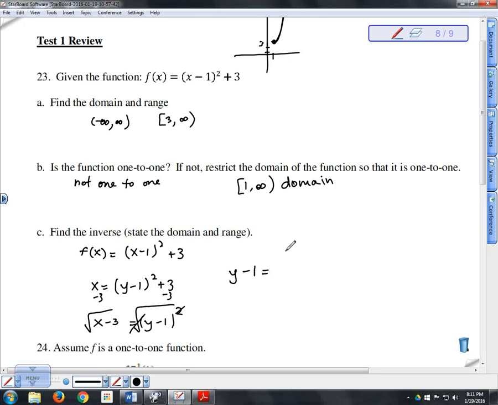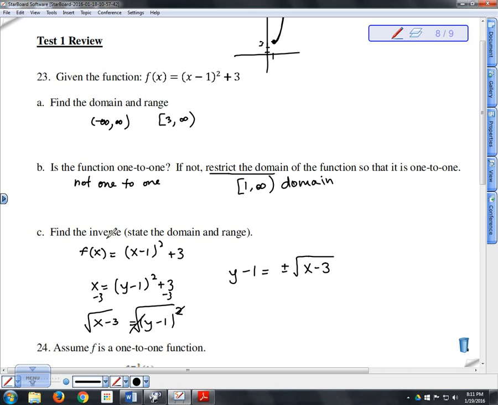Now, it is true technically that when you take a square root, you're supposed to have plus or minus. However, we restricted the domain to make a 1 to 1 function. What that means is when we find the inverse, it is going to be a function. That's what it means for the original function to be 1 to 1.